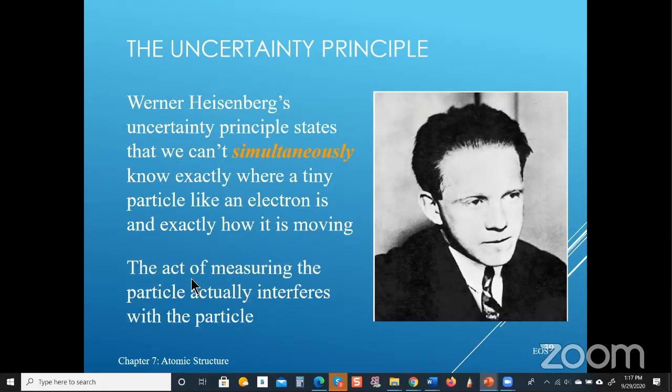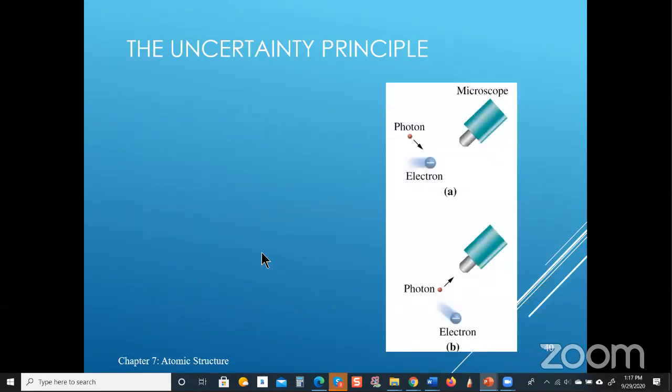And the reason why is because the act of measuring the particle actually interferes with the particle. So just to illustrate what we're talking about here, let's say you have an electron here, right? Let's say you have a special design microscope that can determine where the electron is based on a photon of light bouncing off the electron and reflected onto the microscope.